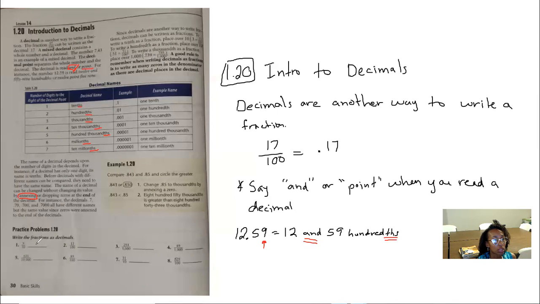All right, so down here, they want us to write the fractions as decimals. And I'll do a couple now and you'll do more during class. I don't know if I assigned evens or odds on the homework list, but we'll just do a couple. So to write this as a decimal, we're going to use the denominator to help us.